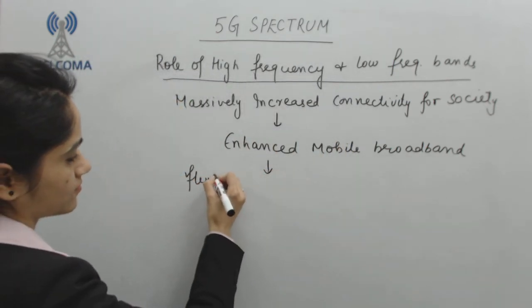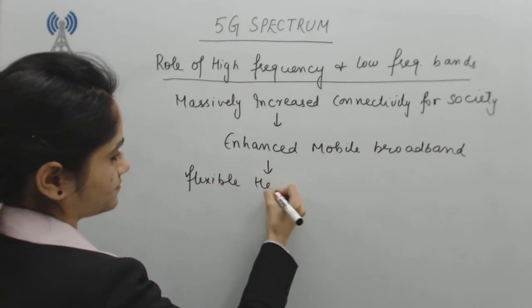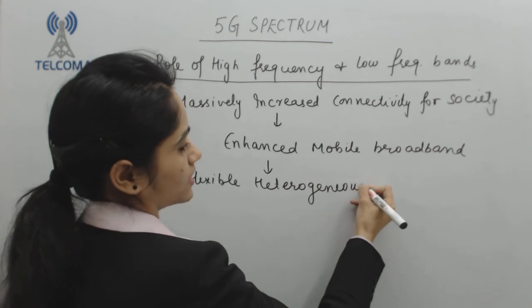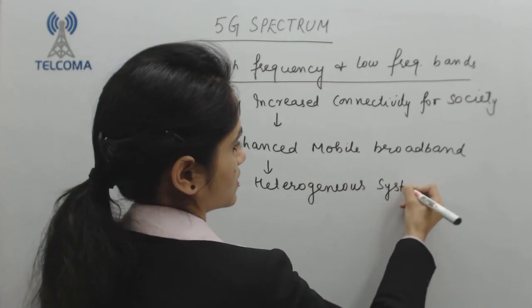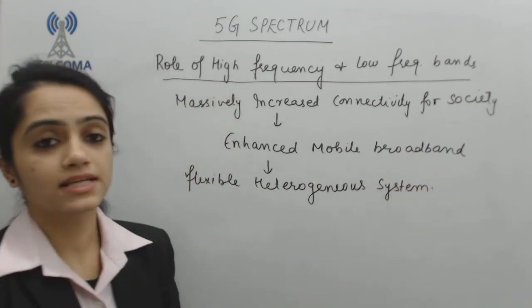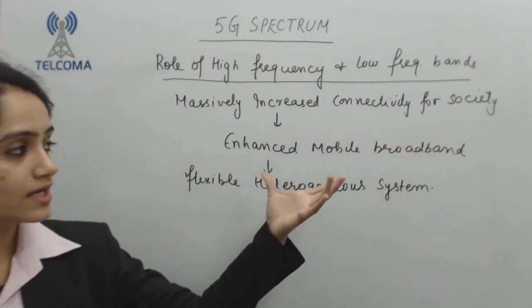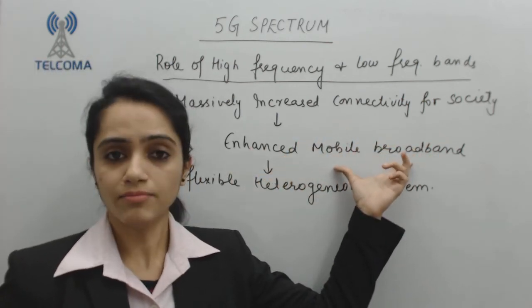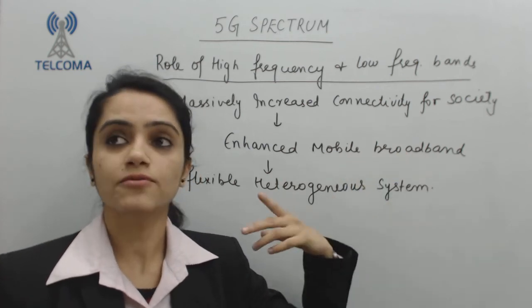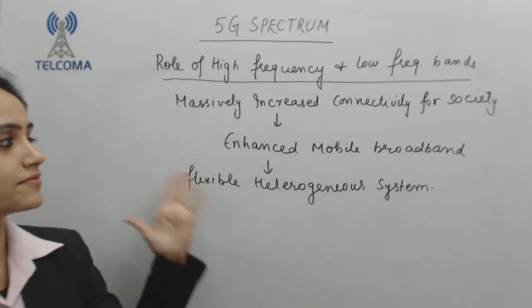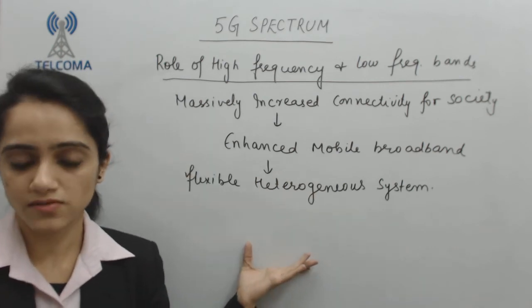Flexible heterogeneous system. So why do we have a flexible heterogeneous system? Because we require connectivity as well as enhanced mobile broadband. In some areas we are focusing on connectivity of that area, whereas in some areas we have enhanced mobile broadband services.